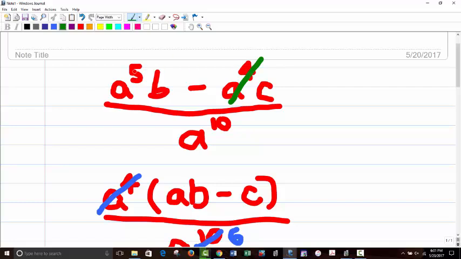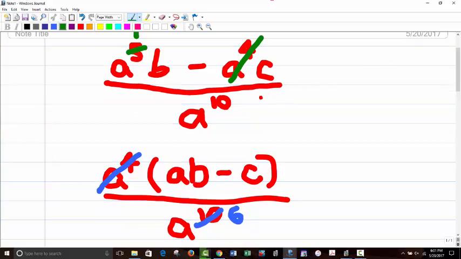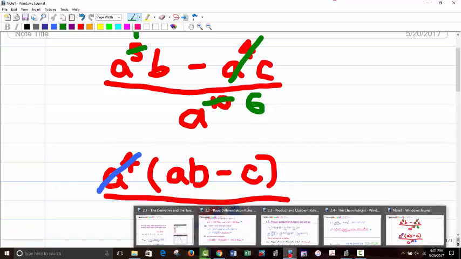So 5 minus 4 would leave a 1, which obviously if it's a 1, you don't have to put a 1 there. And then 10 minus 4 would be 6. That's a lot faster. And then look at what's left, this answer versus what's left down there. You would have a times b minus the c over a to the 6th. I like that.